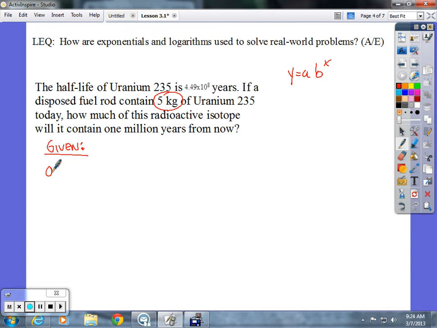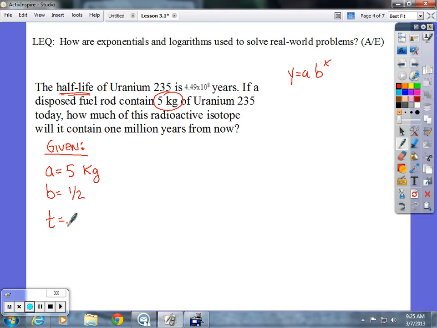We know that our initial value, our starting value, is 5 kilograms. We know what our multiplier is. It is 1/2 because we're talking about half-life. Our time here, it happens once every 4.49 times 10 to the 8th years. Not that many times each year.